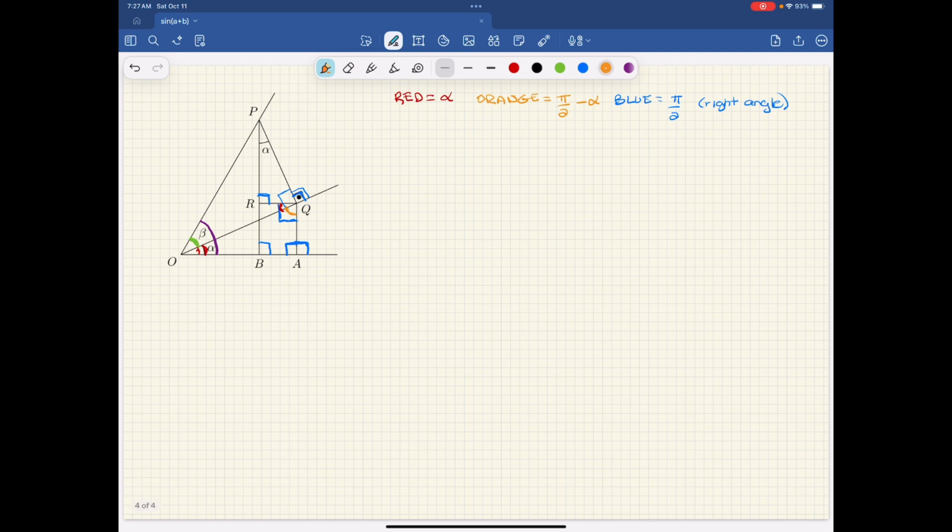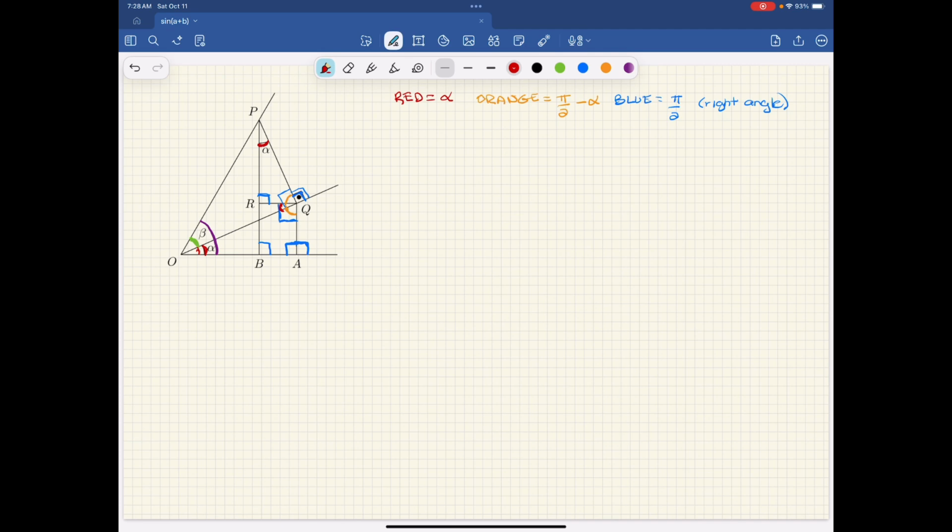So we're going to mark this one here as pi over 2 minus alpha radians. And that means that the upper angle in that triangle PRQ has to be alpha radians, which the image already marked.